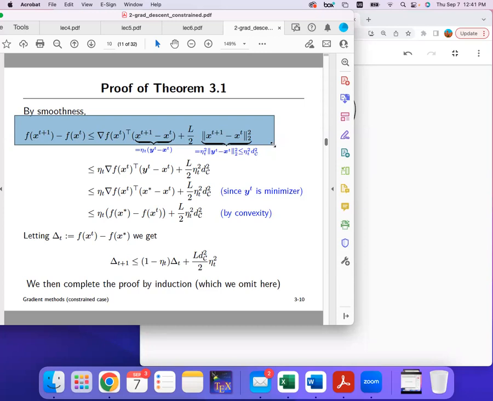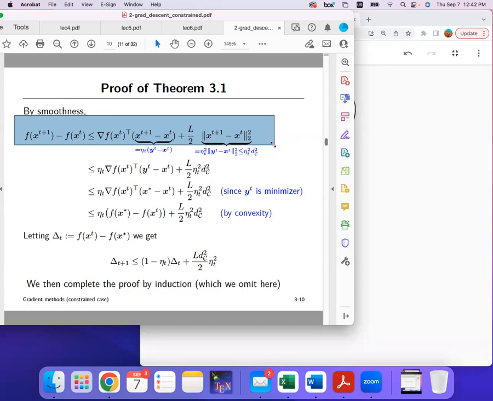Here we specify the two points to be x_{t+1} and x_t. You will see this step frequently in many convergence analyses. This is basically to characterize the optimization progress between two consecutive iterations.